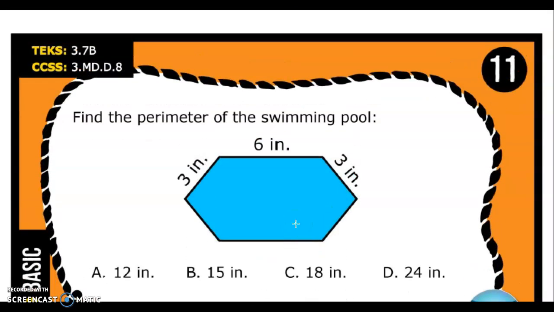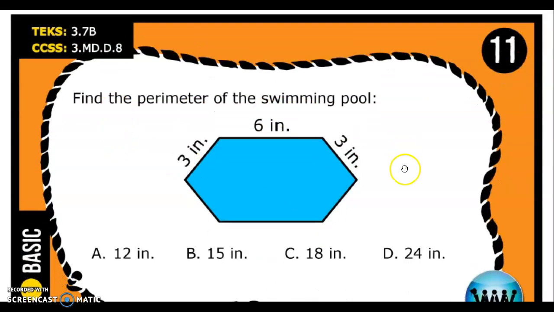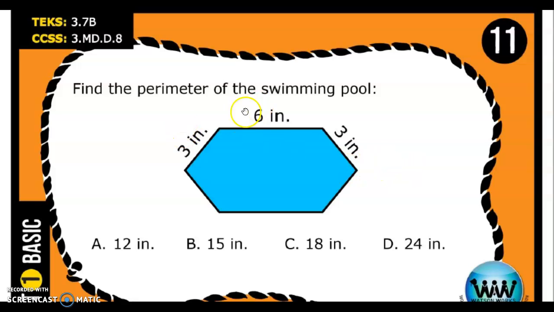All right. Find the perimeter of the swimming pool. Okay, let's find the perimeter of the swimming pool. If this is 6 inches, what's this going to be? 6 inches. Awesome. If these are 3 inches, what are these two sides? 3 inches. Awesome. What do we do to find perimeter?